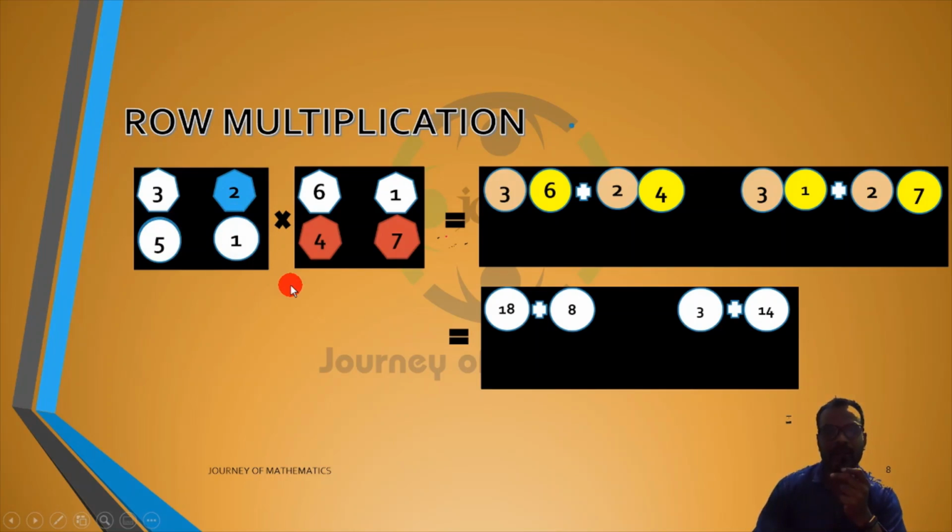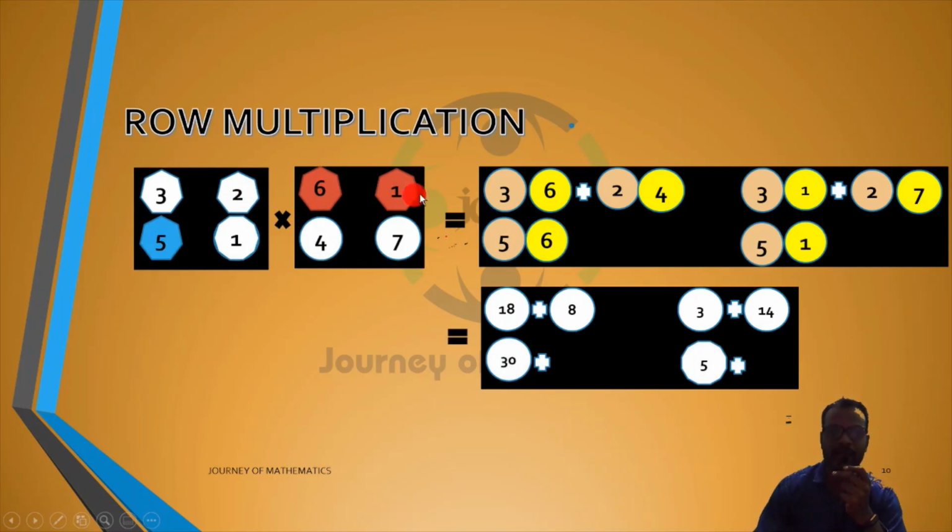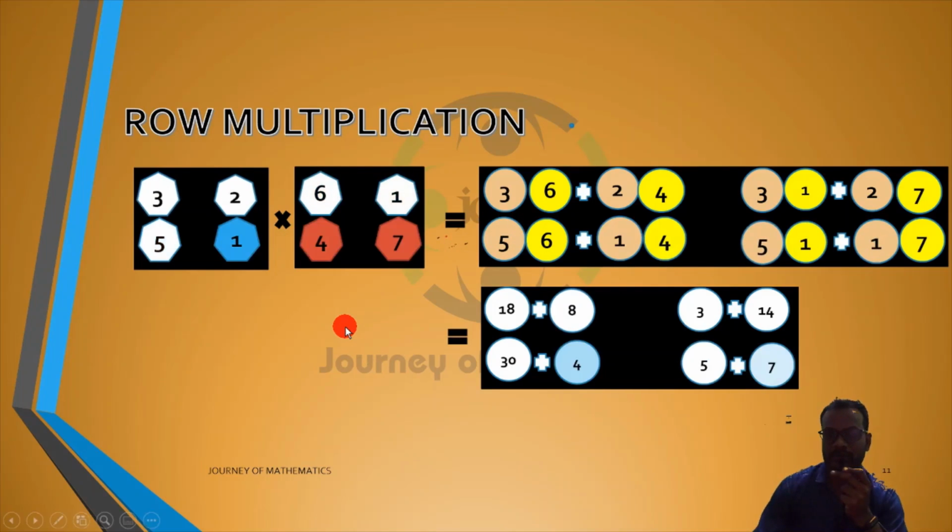Take 5 now. Multiply 5 with again the first row of the second matrix, 6 and 1. So 5 into 6 and 5 into 1. Next, take addition in between this. Multiply 1 with 4 and 7.